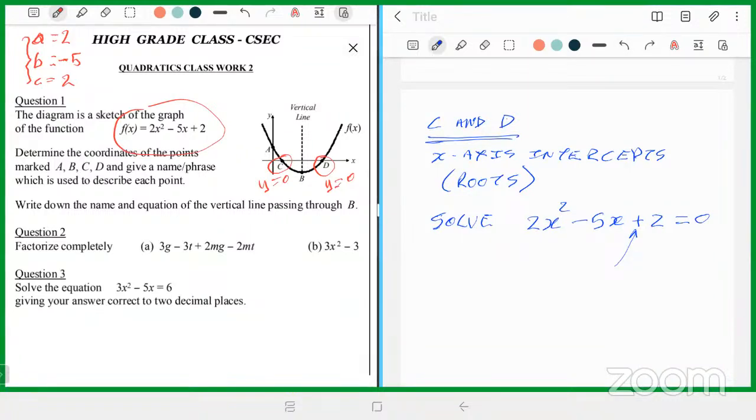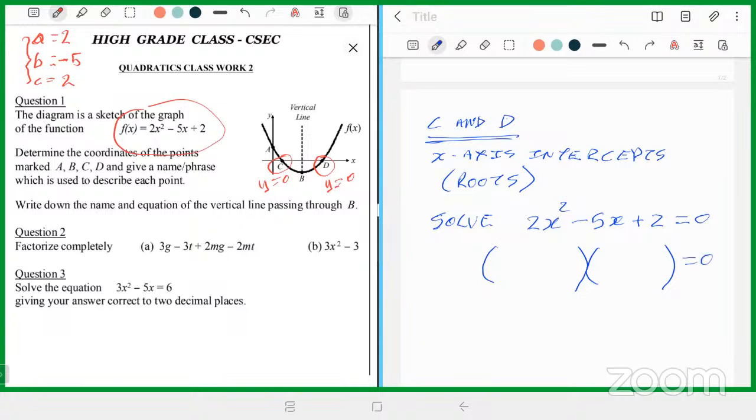All right, and then now this minus 5x is going to be the sum of our far product and our near product. So because the n values are prime, we can do this without using this AC method where we multiply the a times the c and all of that. All right, so I'm just going to factorize it straight.